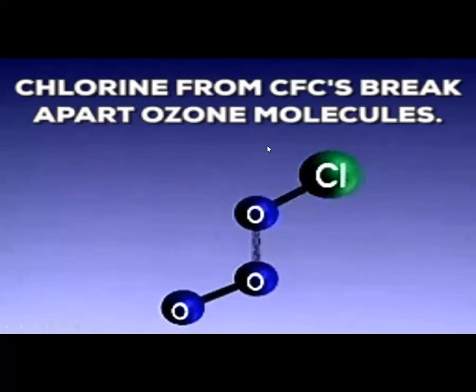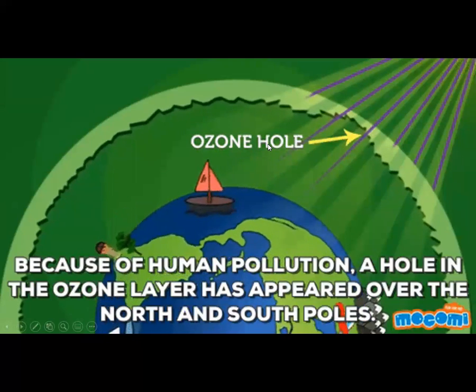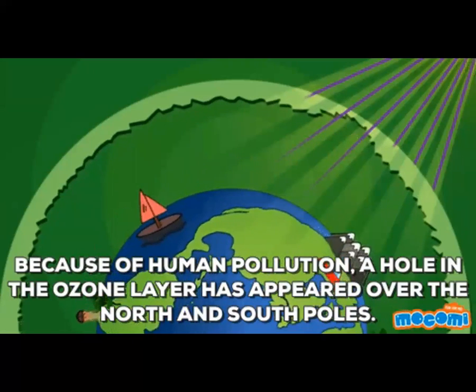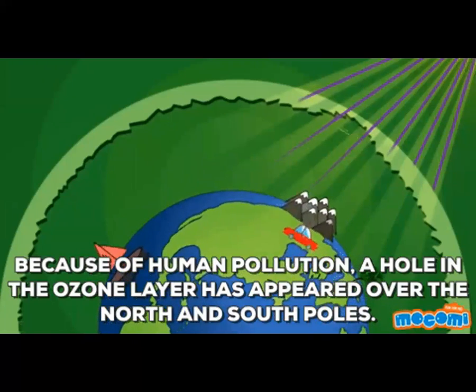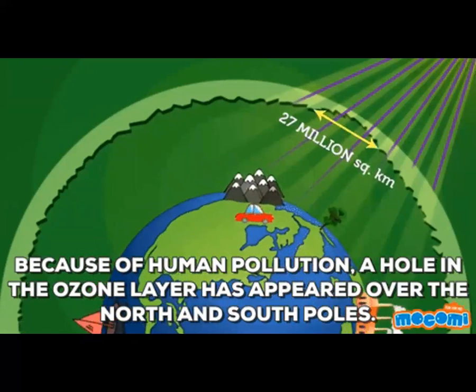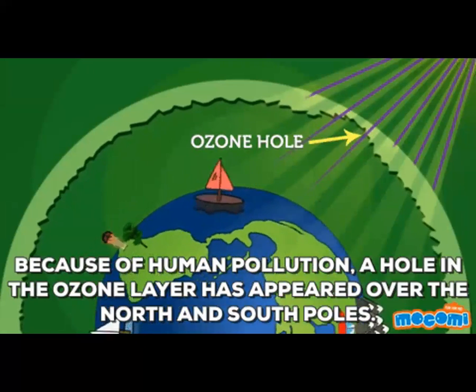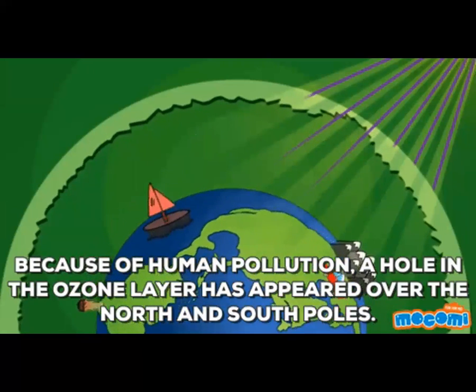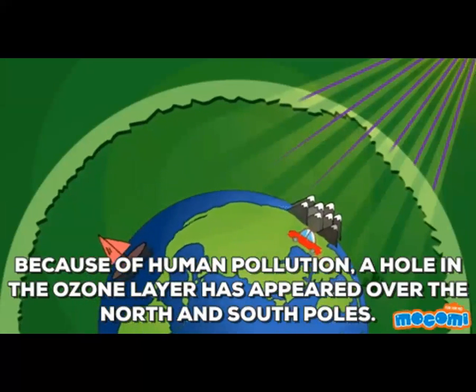Because there are people who care though, they fought for the protection of the ozone layer by stopping the production of those things that produce gases that lead to the destruction of the ozone layer.